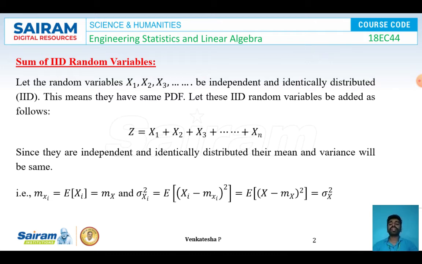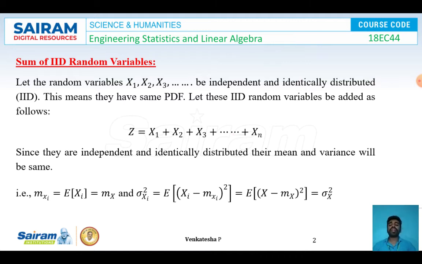So we call these independent and identically distributed, or IID, random variables. These IID random variables are added as follows. It is given by z is equal to x1 plus x2 plus x3 plus etc plus xn.